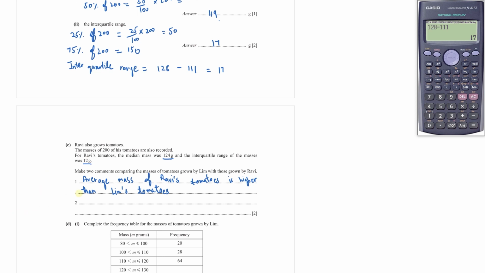So we can say that masses of Ravi's tomatoes are more consistent compared to masses of Lim's tomatoes.